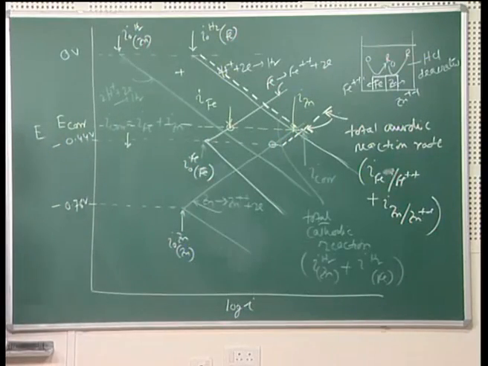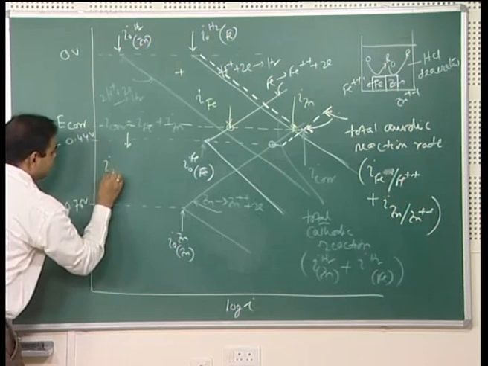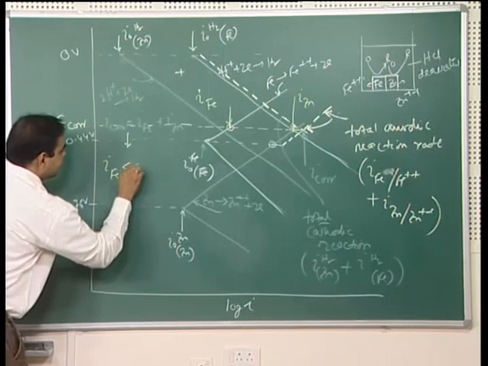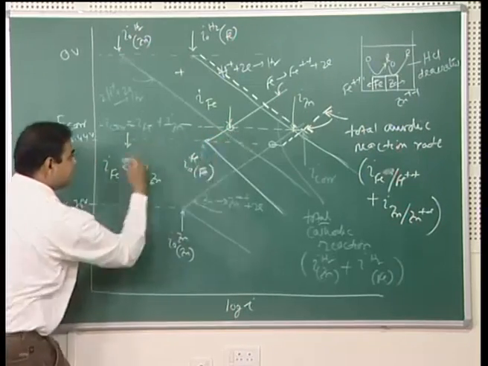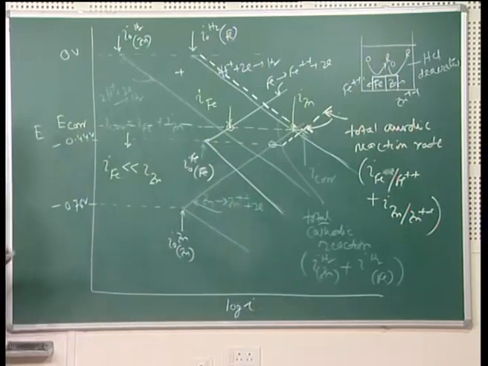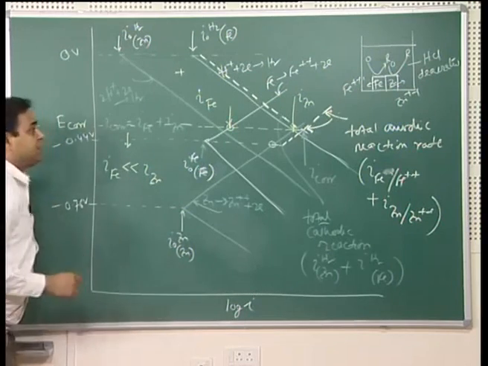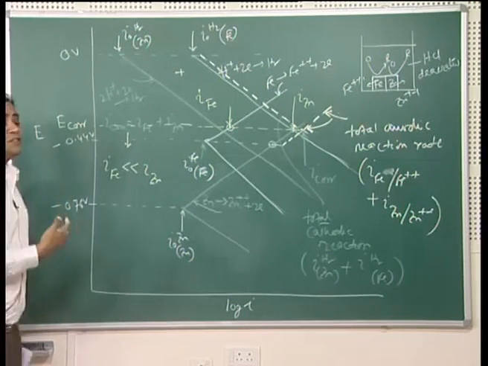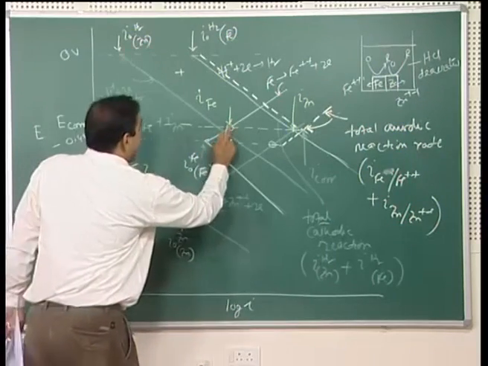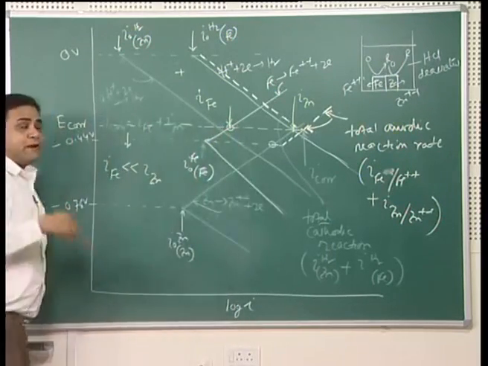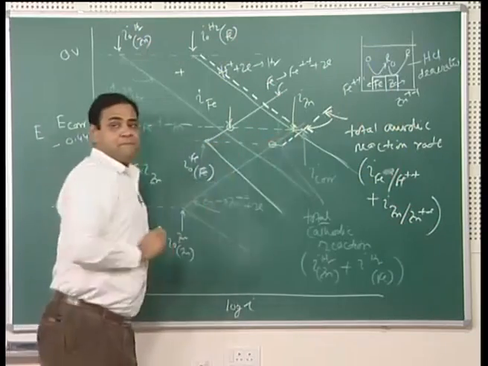If you consider, then I Fe is less than I zinc, since this is on the left side of this and this is in log scale. Once you have it in log scale, it increases or decreases in orders of 10, fine. So, that means iron corrosion would be less compared to zinc corrosion.